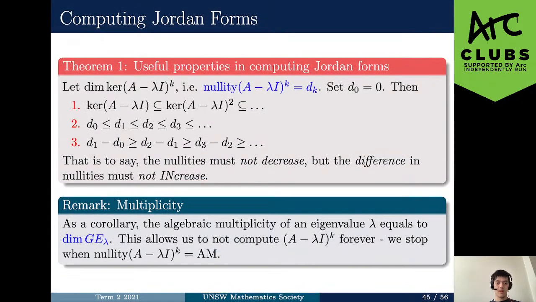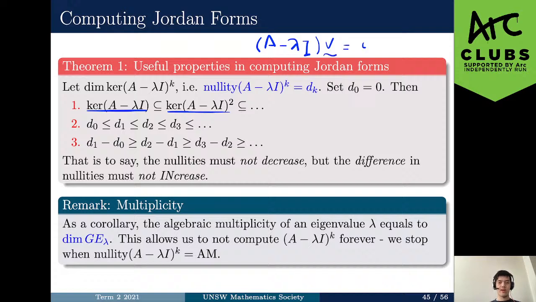Okay, so some very important properties here. It turns out that the kernel of A minus lambda I is a subset of the kernel of A minus lambda I squared. This shouldn't come as a surprise, because if for example V is an eigenvector, then we know that A minus lambda I times V is equal to 0.